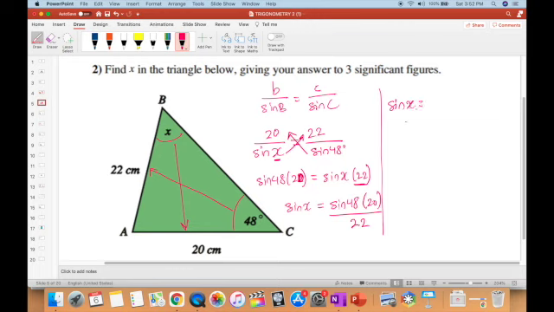Sine x is equal to, punch that in a calculator, sine 48 times 20 divided by 22 is 0.67558. Therefore, x now is the sine inverse of 0.67558, which is sine inverse of the answer is 42.1.